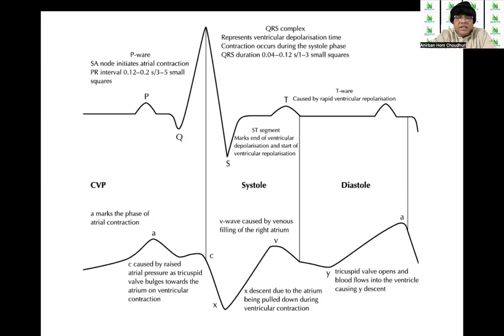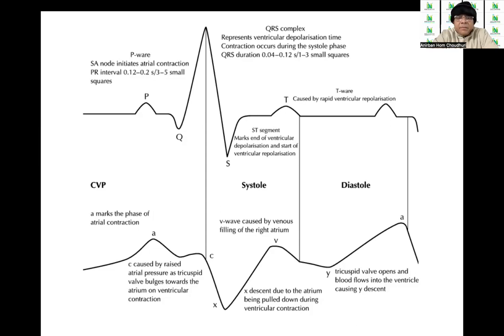And therefore, the ST segment marks the end of ventricular depolarization and the start of ventricular repolarization till the appearance of the T wave, which is caused by ventricular repolarization. If you see again, the V, which is a positive wave, is caused by venous filling of the right atrium.